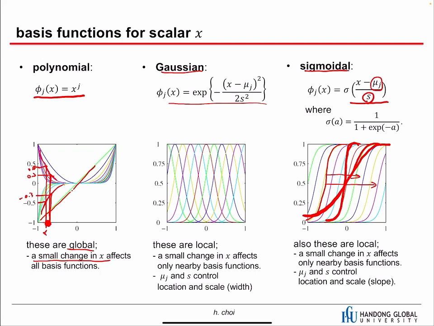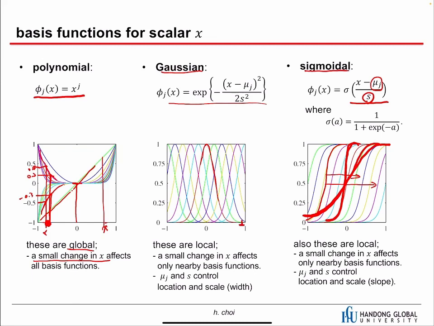And sometimes, when the x is around 0, then some functions will not be affected, but in general, when x is some point around here, then all the functions will be affected. But these Gaussian or sigmoidal functions are local, because if x is around here, then look at this red function. If we change slightly here, then the red function doesn't change.